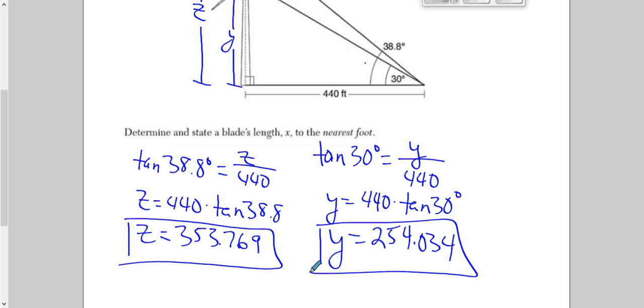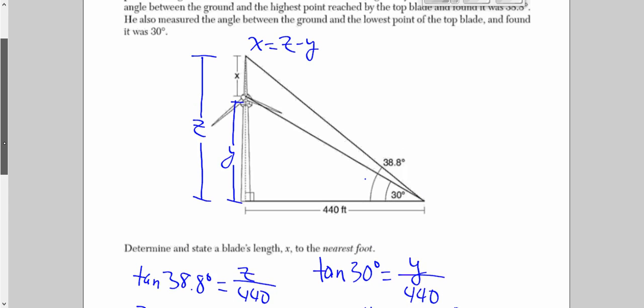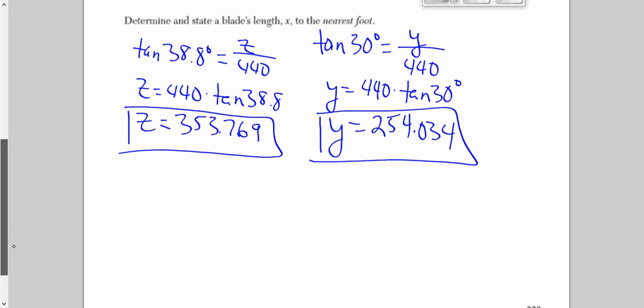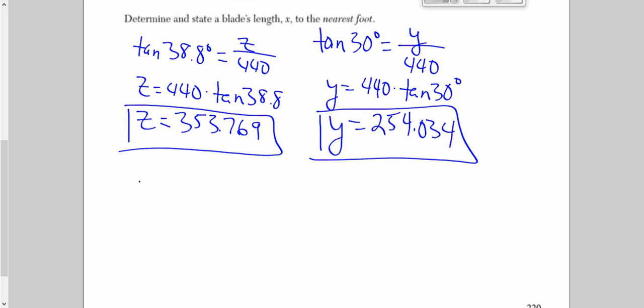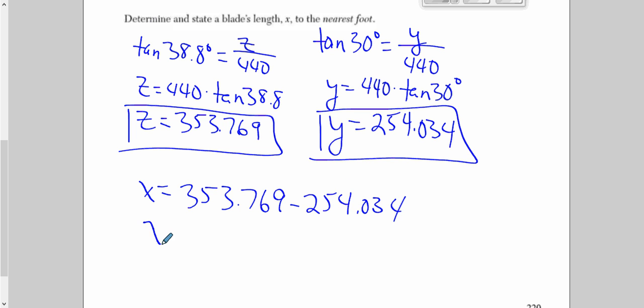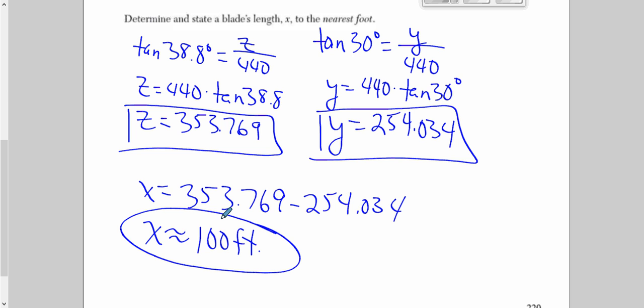Okay? And to find X, again, it's just Z minus Y. So X is going to be 353.769 minus 254.034. X will equal approximately 100 feet. And that's that.